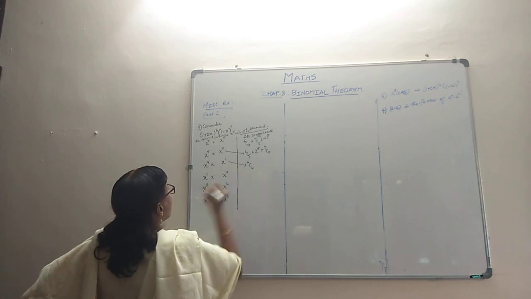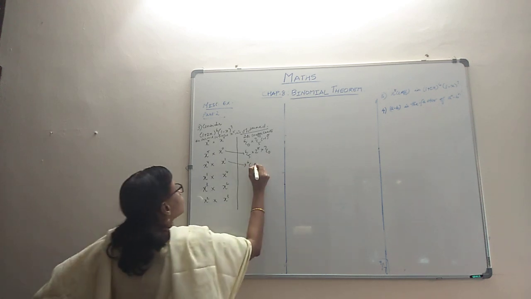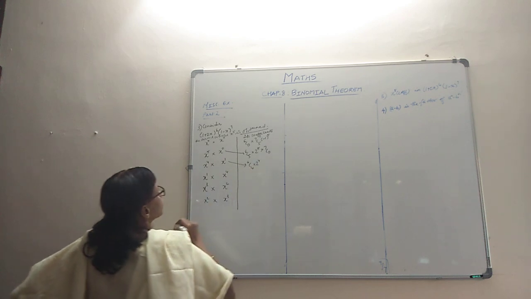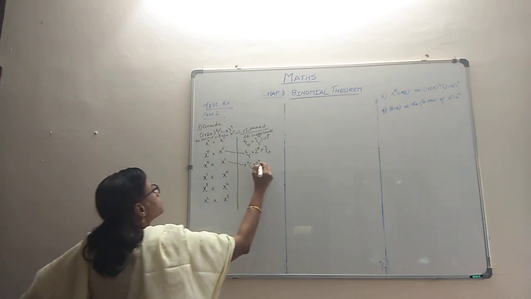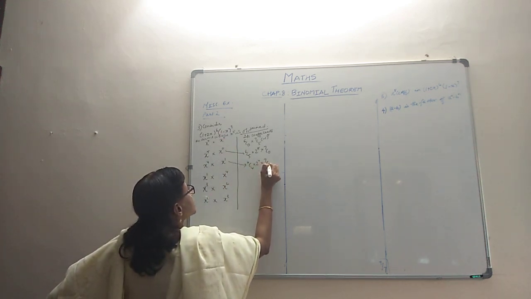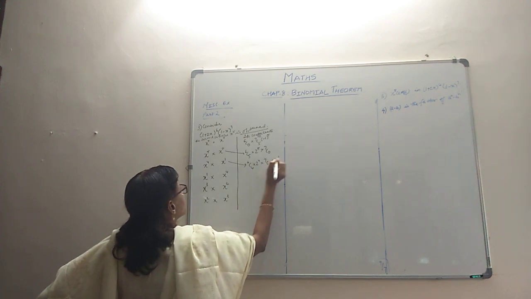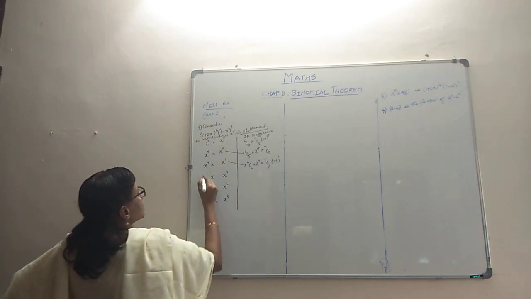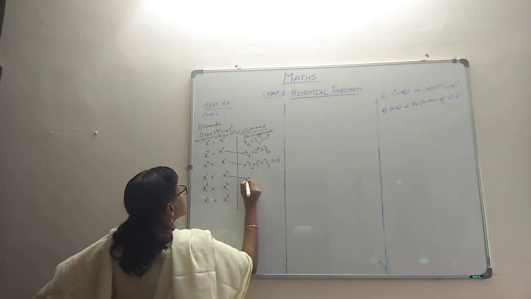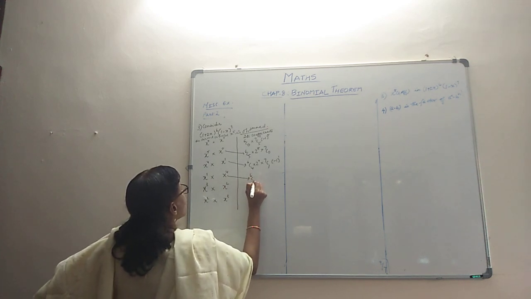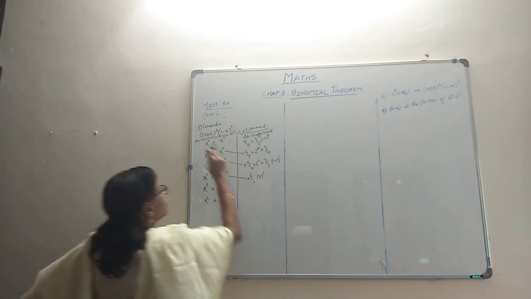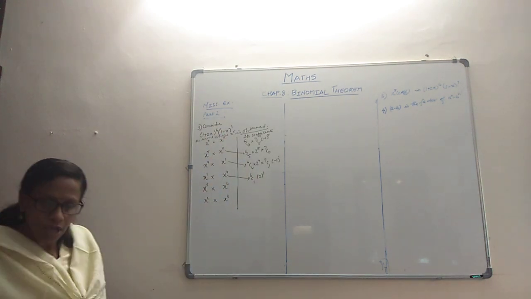It is 6C4. X raised to 4 means it's the fifth term, so 2 raised to 4 also you'll have to account for, and x raised to 1 from here means obviously it is 7C1, and minus 1 you have to account for. Same way, x raised to 1 from here means it is 6C1, 2 raised to 1. Here you have to account for 2, and there you have to account for minus 1.